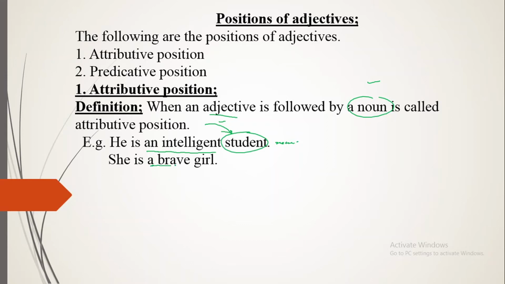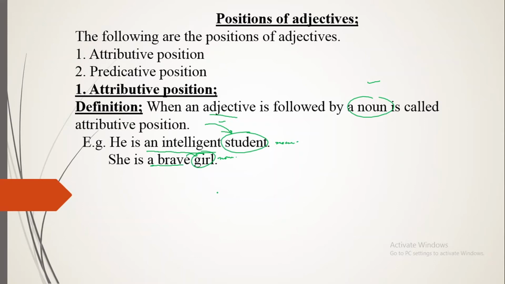Brave is your adjective, adding something in the meaning of noun girl, and it is known as attributive position.